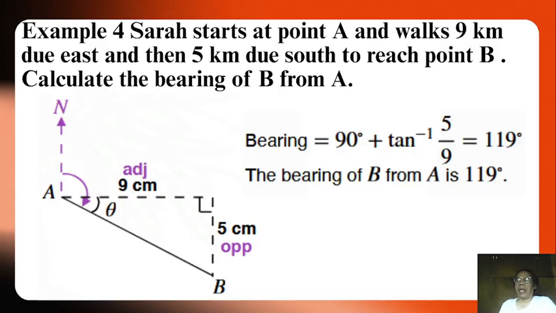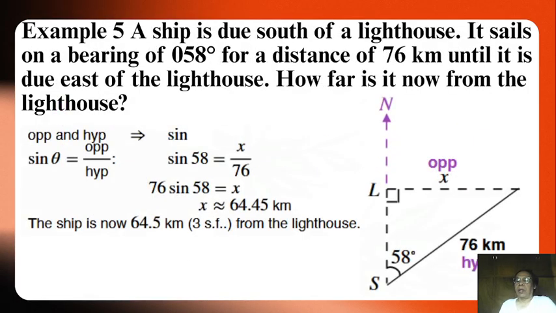Therefore, the bearing of B from A is 119 degrees. So this example number 5 will be explained in our next part.